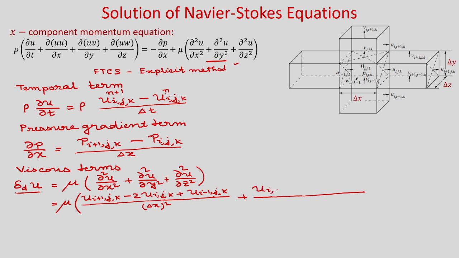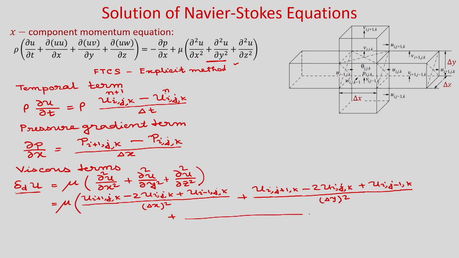u(i, j+1, k), because with respect to y, in the y direction you have this j plus 1, right. So, u(i, j+1, k) minus 2 u(i, j, k) plus u(i, j-1, k) divided by delta y square, and the last term del 2 u by del z square.